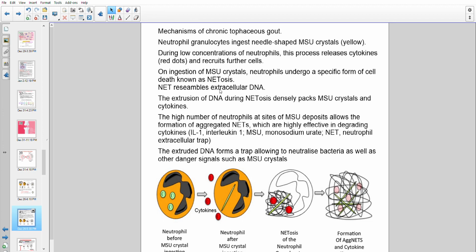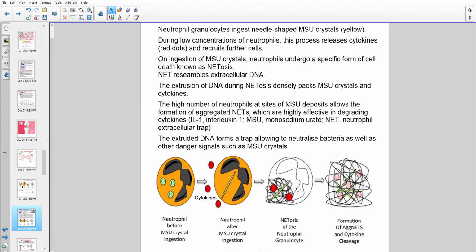On ingestion of these MSU crystals, neutrophils undergo a specific form of cell death called netosis, forming these nets. During netosis, DNA is excreted along with densely packed MSU crystals and cytokines, plus other little fibers that make up the nets. Netosis produces neutrophil extracellular traps.